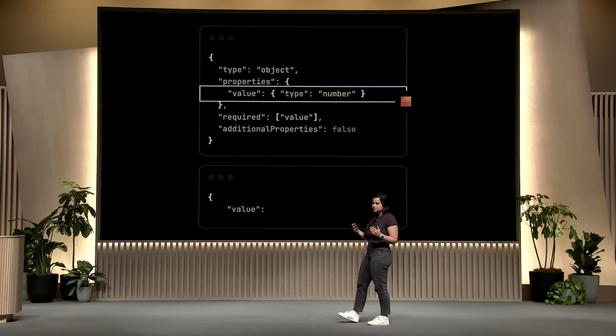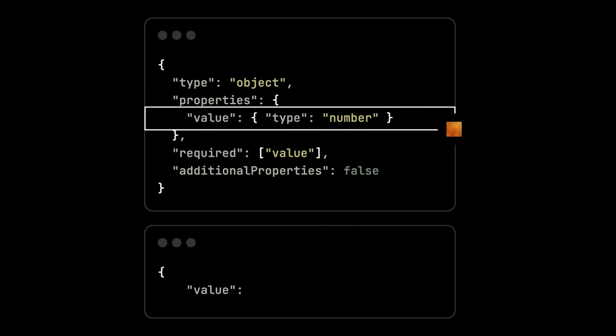Now, let's say we're using structured outputs to generate an output with this schema. This schema has a single property, value, and that's a number type. And we're partway through our generation already. So we've produced a curly brace, some white space, and then "value." By default, when we sample, any token from the vocab can be chosen. So that can be a string or a Boolean.